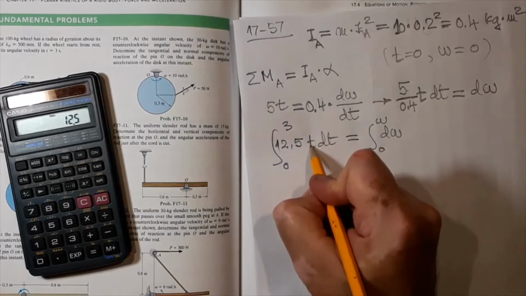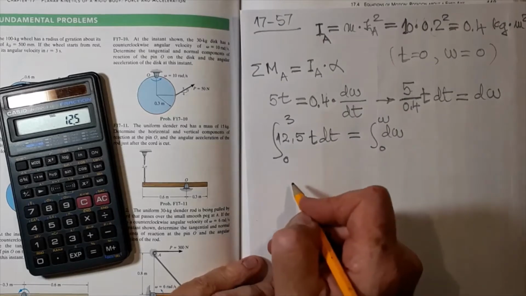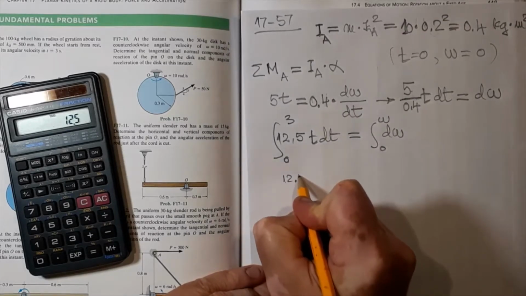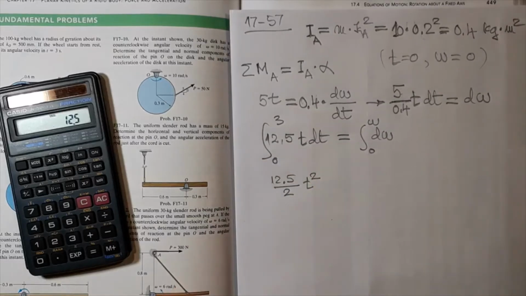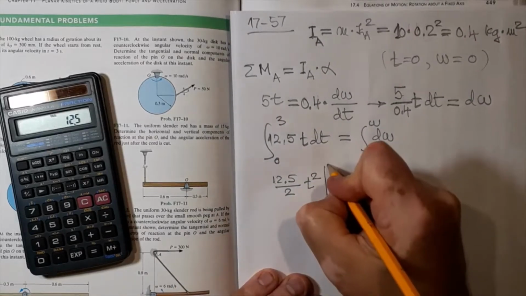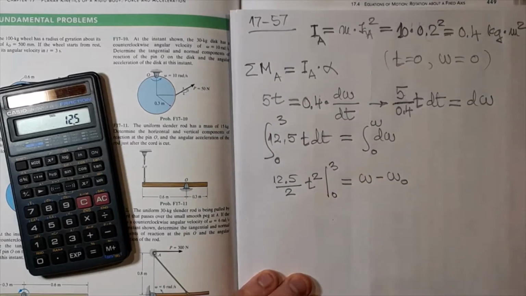What we have on the left is 12.5 over 2 times t squared, going from 0 to 3, equals omega minus omega 0.